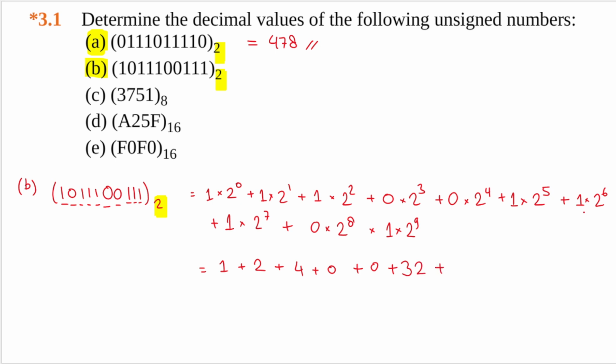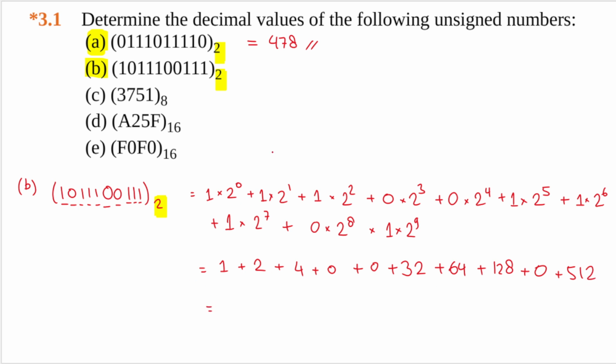And then we will have 1 multiplied by 2 to the 6, that is 64. And then we will have 1 multiplied by this, we will have 128. And then we will have this one, that is 0. And then this one, 2 to the 9 is 512.